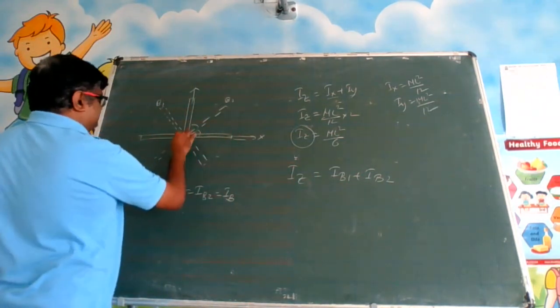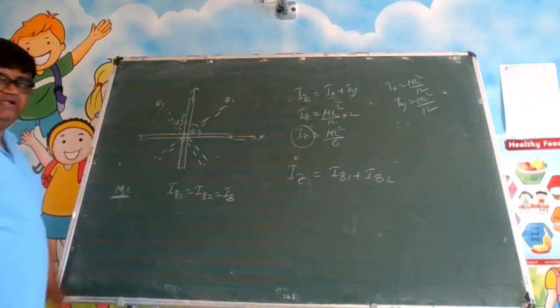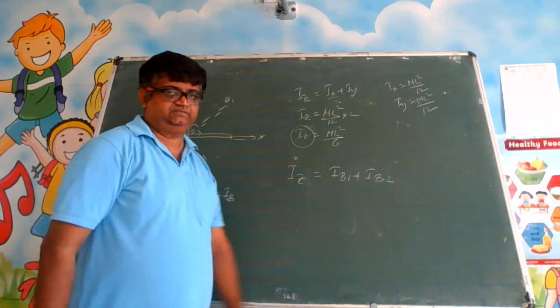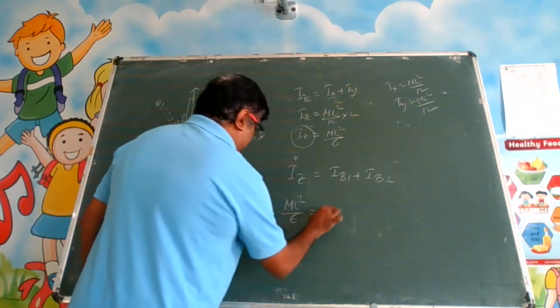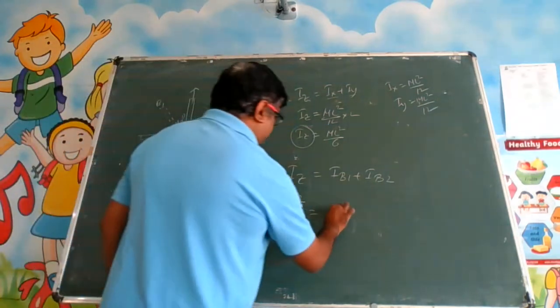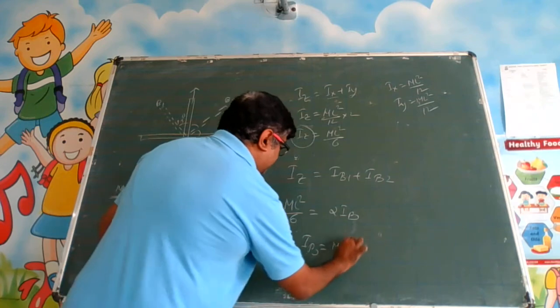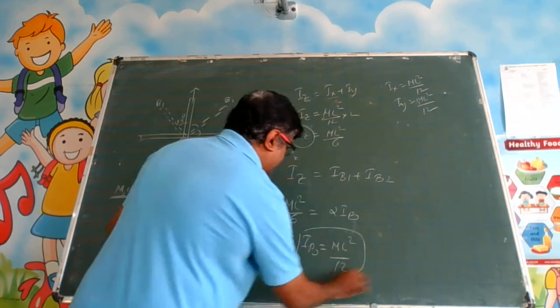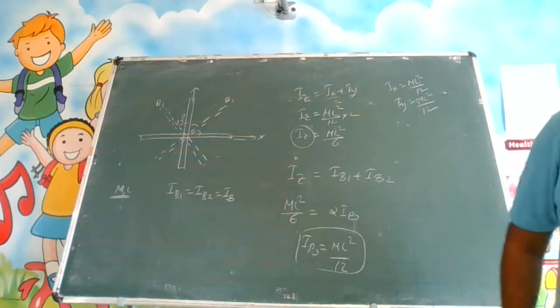This is 45, this is also 45, 45 plus 45 is 90. Iz is ml square by 6, and this is 2 times IB. So what is the IB value? It is ml square by 12. Interesting question. This is how you apply the perpendicular axis theorem.